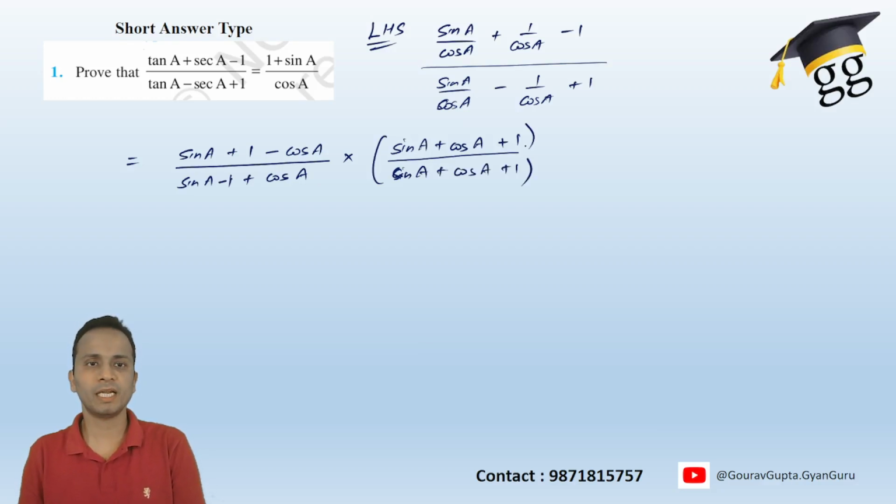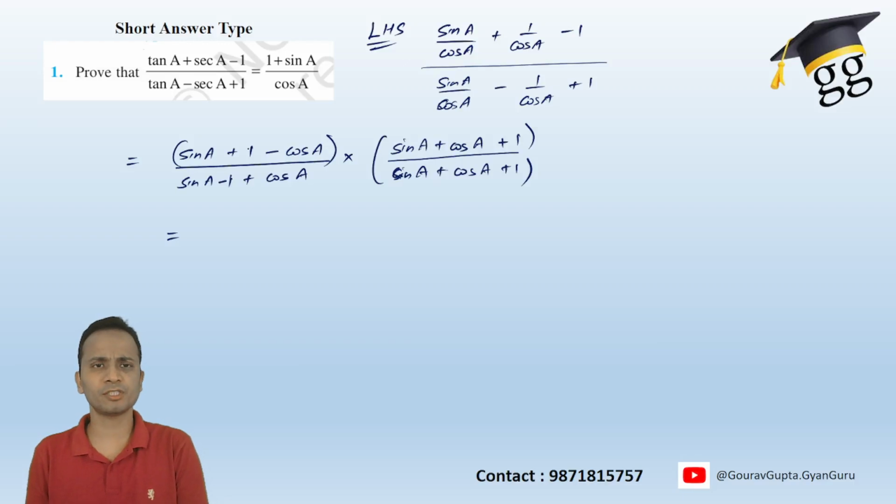All right. Now in the numerator, we will multiply these terms in a normal manner, and we will obtain 9 different terms in the numerator. So let's do that. Sine A multiply sine A, then sine A multiply cos A, then sine A multiply by 1, and so on. You can just open the brackets in a normal manner.